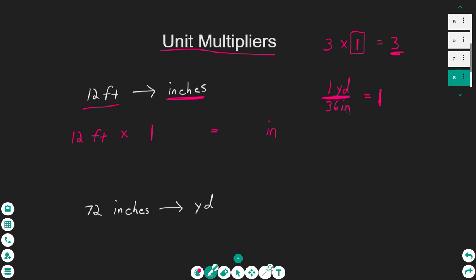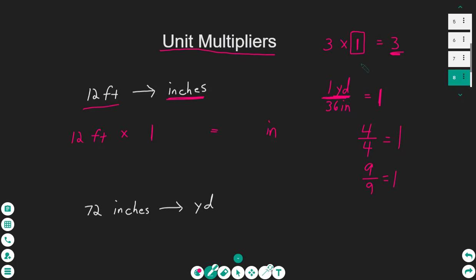So whenever you have a fraction where the numerator is exactly the same as the denominator, it always equates to 1. If I have a fraction that looks like this, 4 over 4, that's going to equate to a 1. A 9 over 9 is going to equate to a 1. Anything over itself will be 1. So 1 yard over itself, which is 36 inches, just another way of representing itself, is going to be equal to a 1.